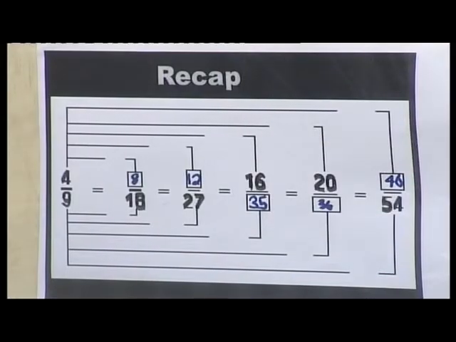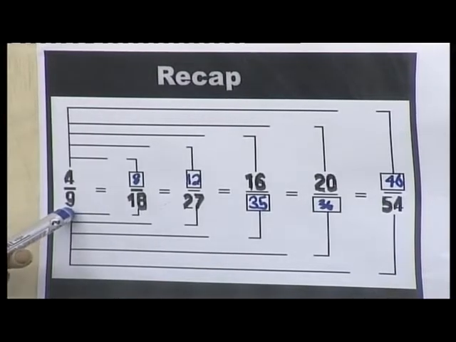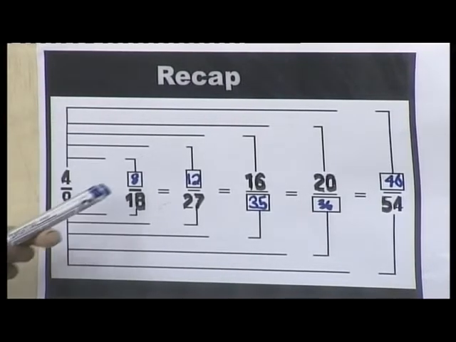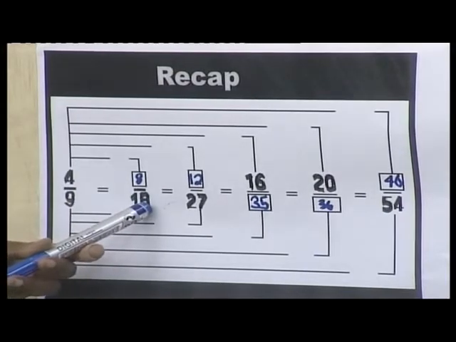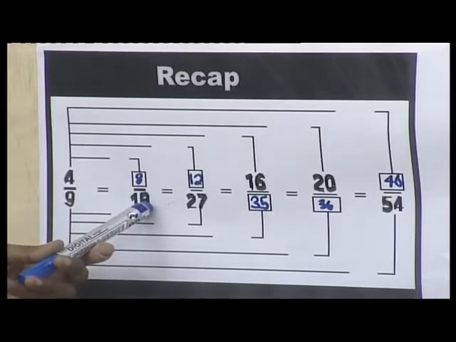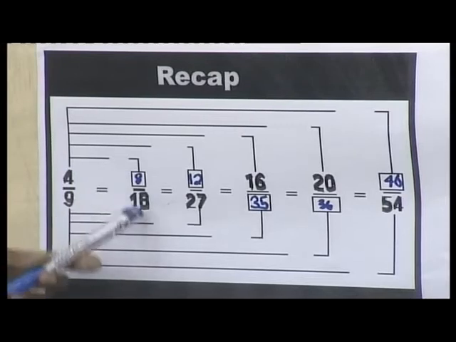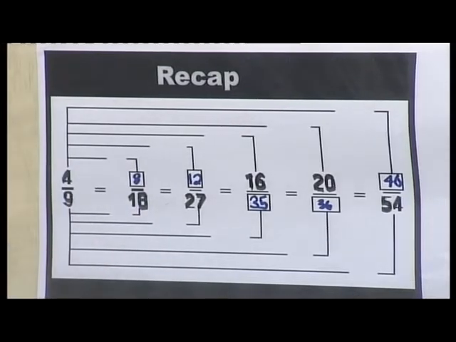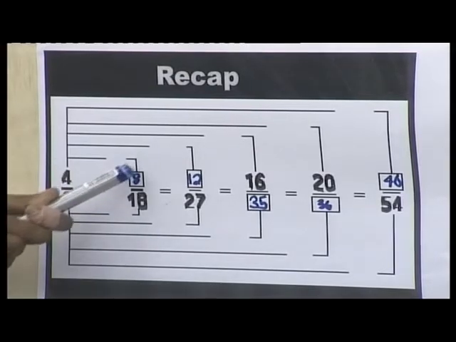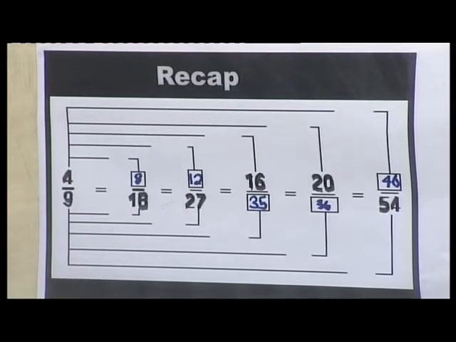So I'd like us to go through that together. 4/9 is the fraction. 8/18 is written as the answer, an equivalent fraction to 4/9. Now, what number have they used to multiply in order to get these two numbers here? I'd like answers from you so that I can write that in the space that has been left out.